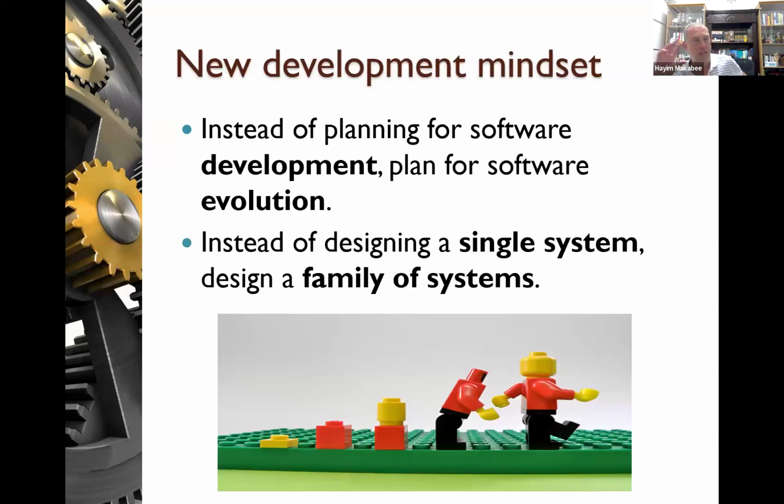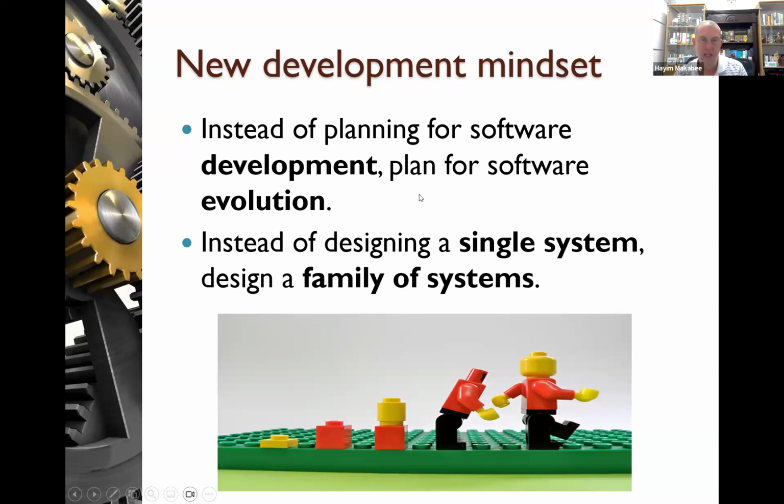And this means we need to adopt a different mindset. Instead of planning for software development, we need to plan for software evolution. And instead of designing a single system, we need to design a family of systems. So we know that our software system is going to evolve over time.